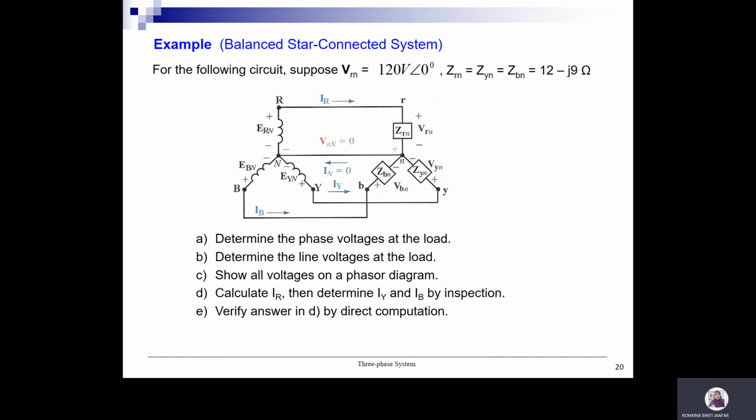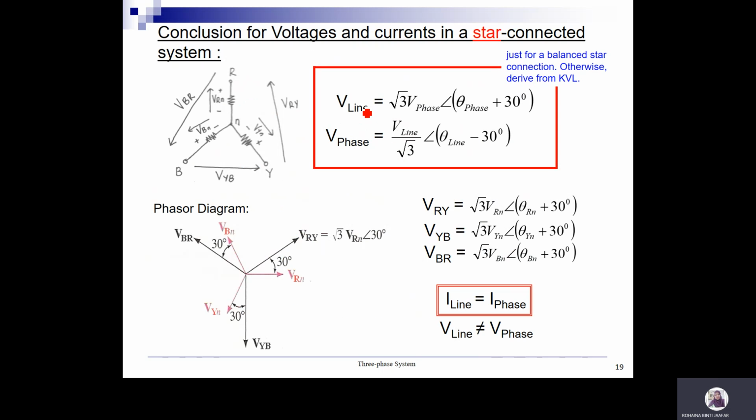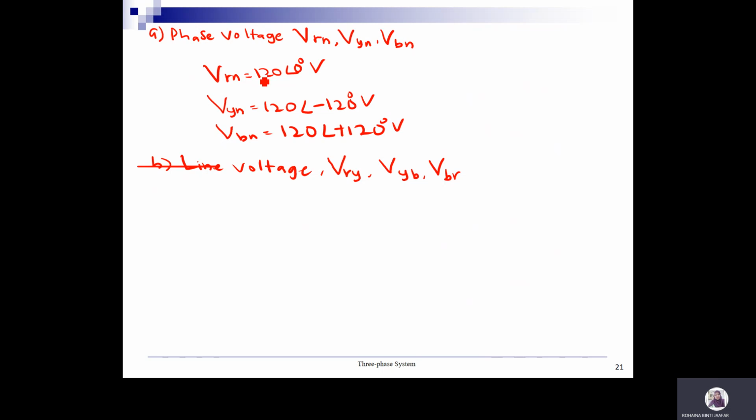So you refer to this equation: V line equals square root of 3 times V phase, angle theta plus 30. You already have your V phase, so you can find your line voltage.